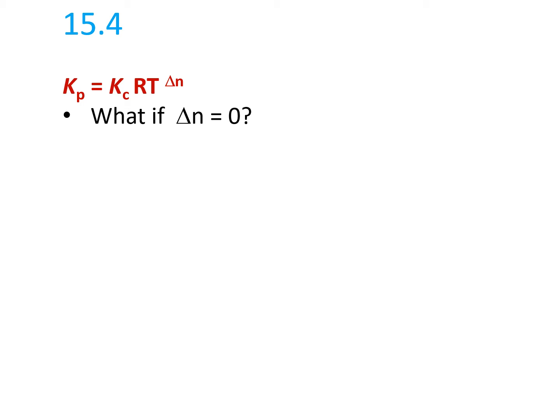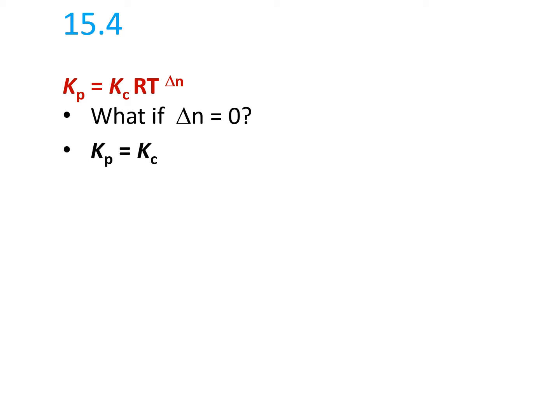Now, what if there is no change, like the difference in the coefficients, the summation of the coefficients of our reactants is equal to the summation of the coefficients of our products?